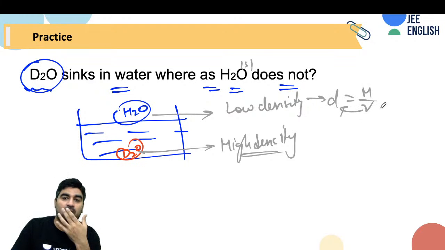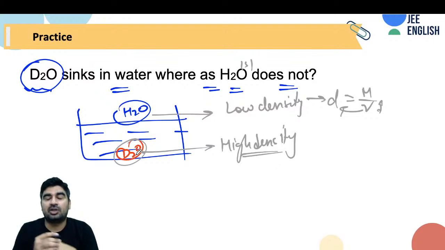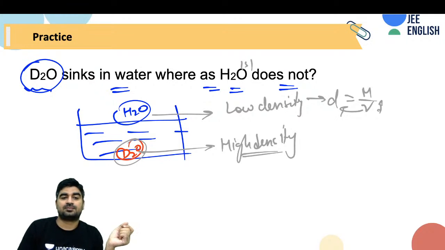So density will be low because volume is high. In D2O, the hydrogen bonding is not so extensive, so the density of D2O is high, and because of the high density, it will sink. Got it? Any doubt now?